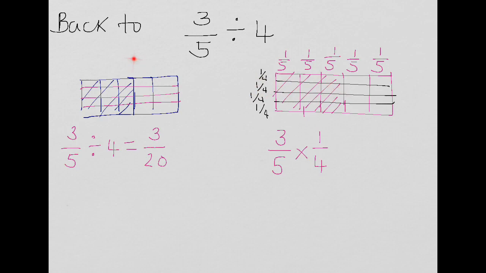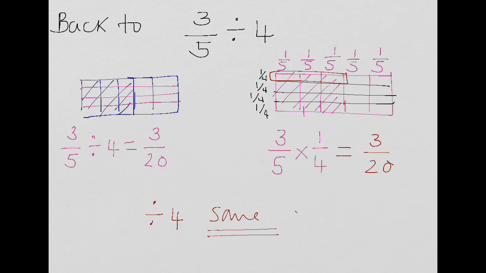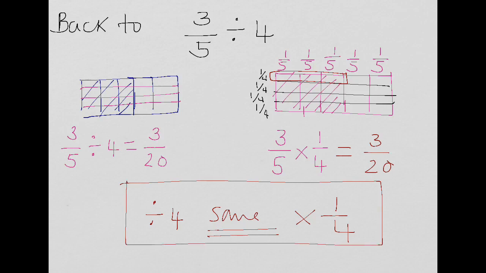Let's do that again. So dividing by 4 is the same as multiplying by 1/4 because I still end up with this section here, which is equal to 3/20. So what I know from this is dividing by 4 is the same as multiplying by 1/4. And that's really important.